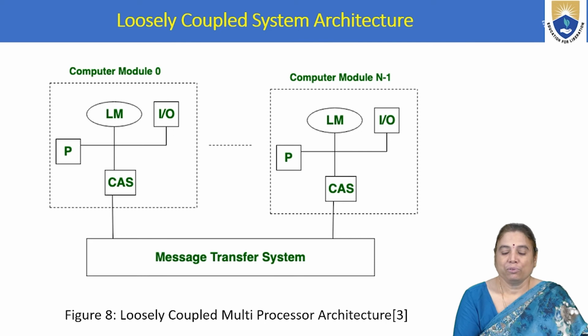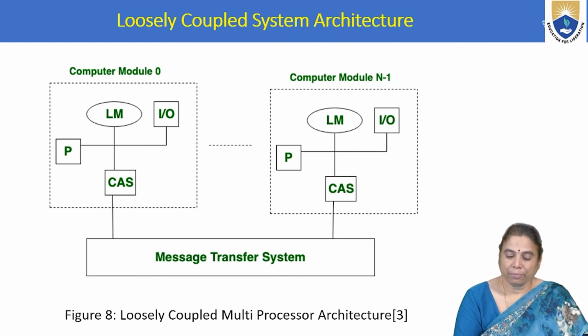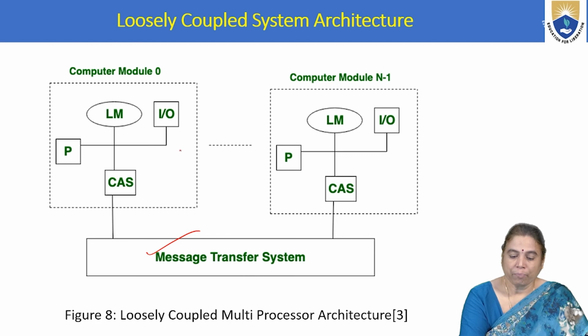So how is this loosely coupled system architecture described here? The basic technique that can be used to communicate is the message transfer system, MTS. Here this is computer module 0, which can have its own memory and IO and can execute the processor.